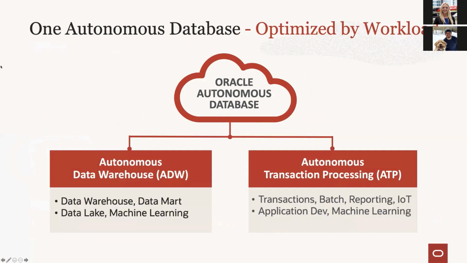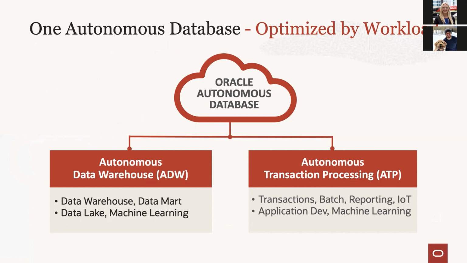So next, now that we looked at the two different versions of deployment, we can look at the different workloads that you're able to use on Autonomous Database. The first one is Autonomous Data Warehouse. That would be more for anything machine learning, if you need to make a data lake with your data.